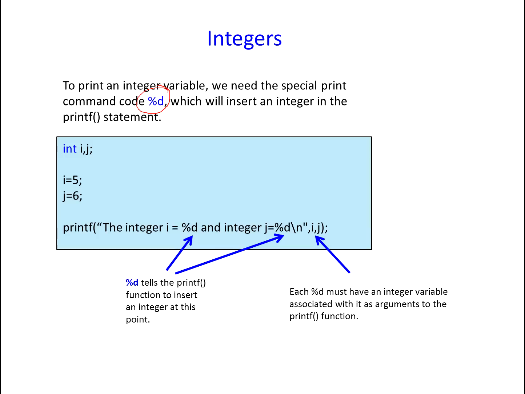The first %d will go with the first argument i, that's where we put in the variable, and the second %d will get tied with the second variable. So these go in pairs, in order. Whatever command code, it just looks for the next argument to put in there. So if you lose count and mismatch it, you can get some weird errors.